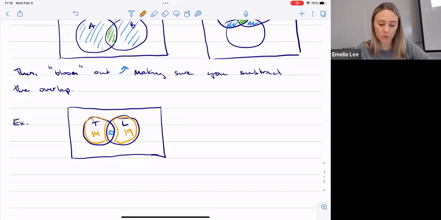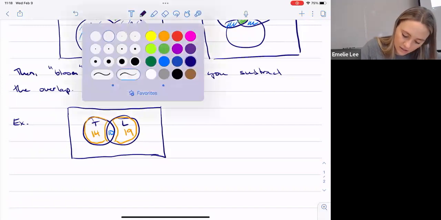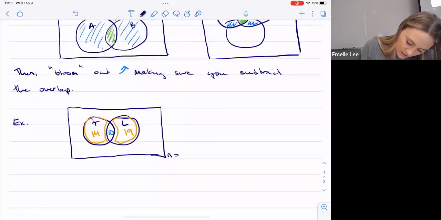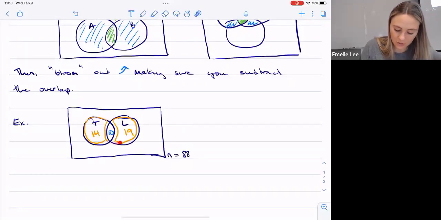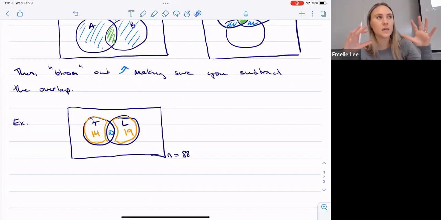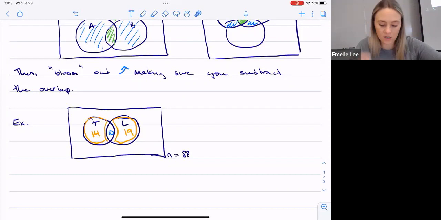And then I have a total of 88. So n equals 88, which means that the total areas inside the sample space have to add to 88. So what I do is I can take away 14 and 10 and 19 from 88 and see what I'm left with. 45.